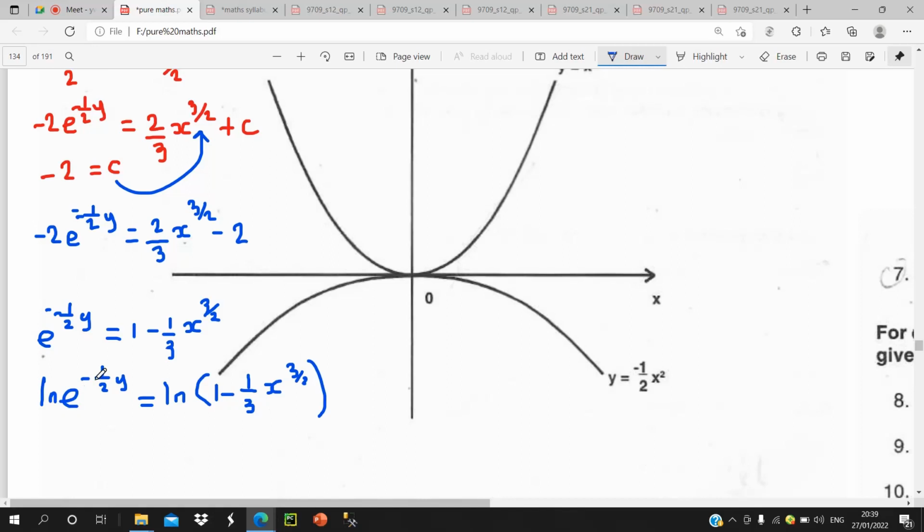Yes. So now your ln e is 1. So to your left you have minus half y is equal to ln of 1 minus a third x to the power of 3 over 2.